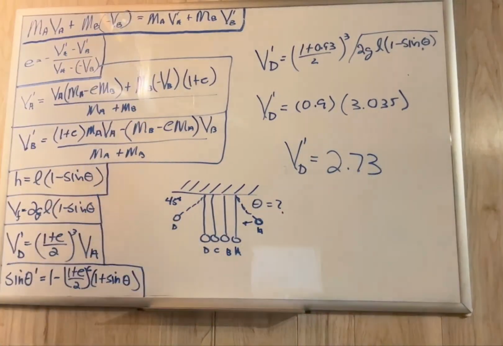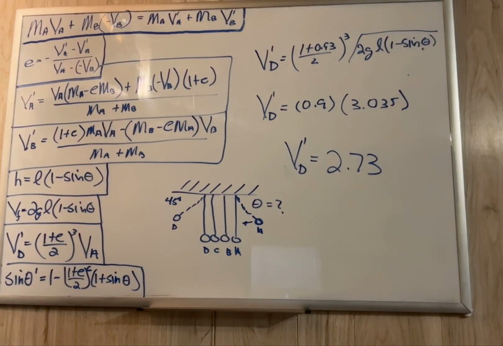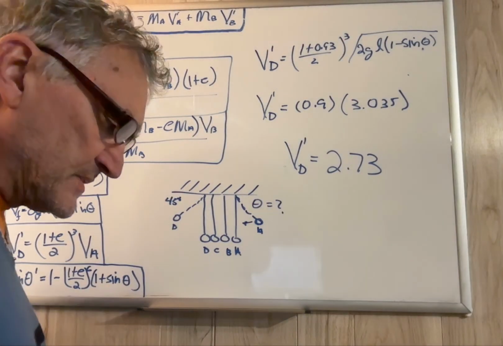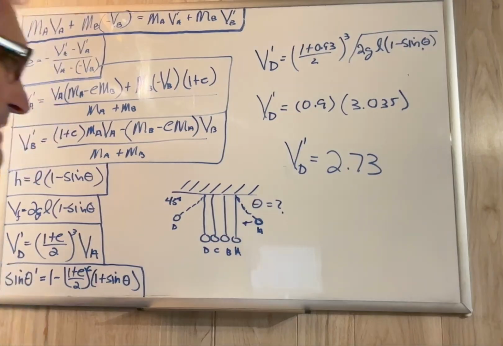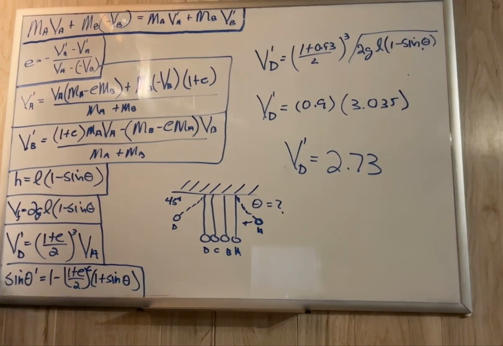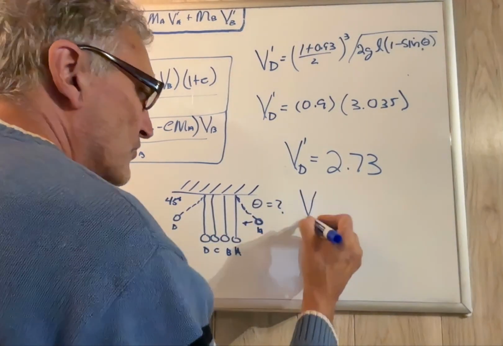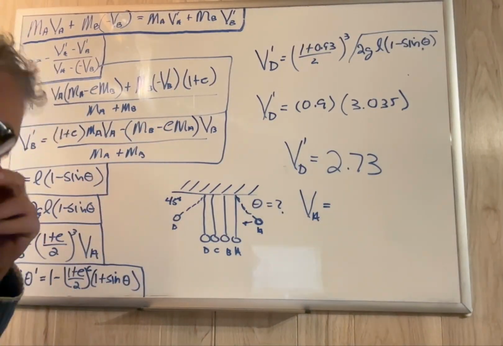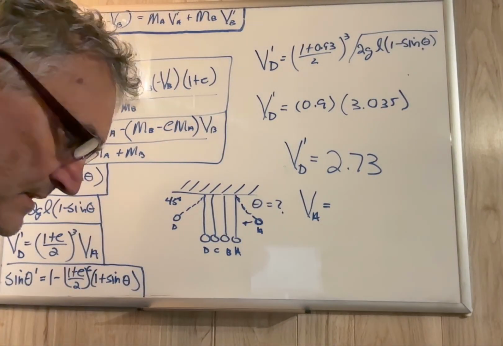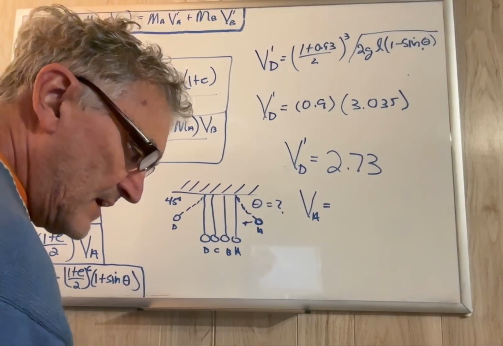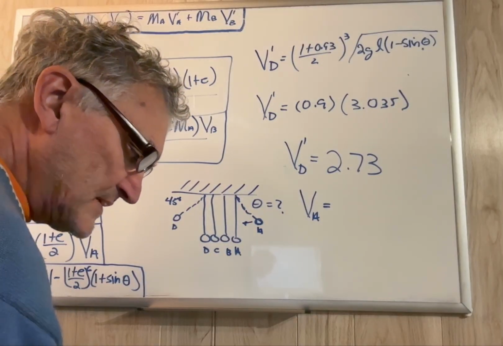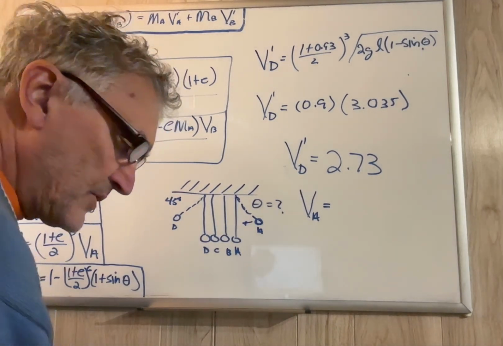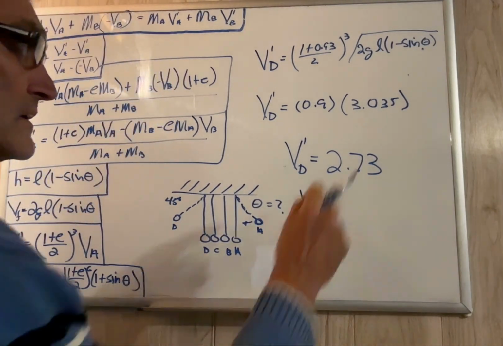2.73. Okay. So let's think about this in the next steps. We know velocity D, and we know that velocity A has to be 10% greater than that, right? So how do we do that? Well, if we plug this 39.6 something into our velocity A, we're going to get about 3.035.